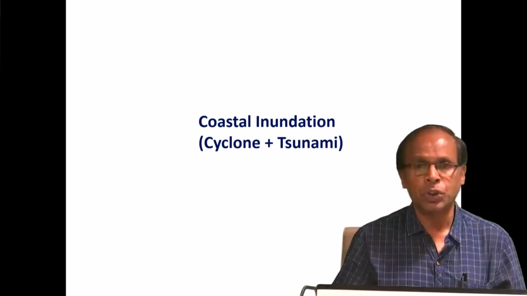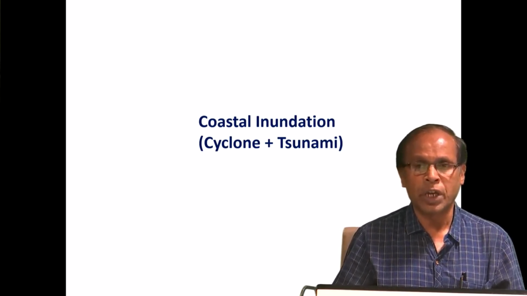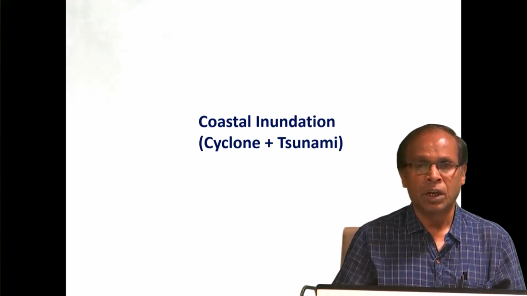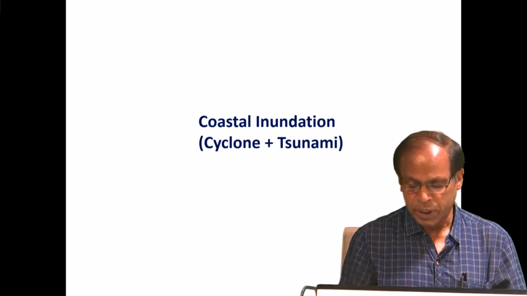In a cyclone, due to storm surge, the storm water enters the coast, and due to tsunami also, huge waves bring a lot of water mass into the coastal region. Apart from that, during a cyclone we have heavy rainfall in the coastal region, causing flooding all around the coast. So both cyclone and tsunami we will discuss in detail.